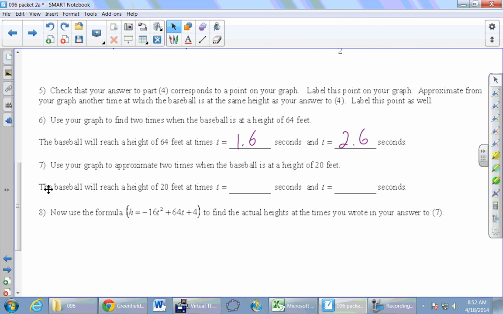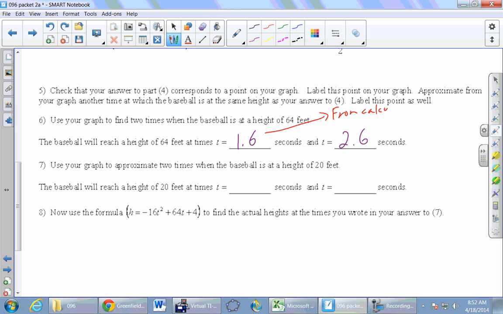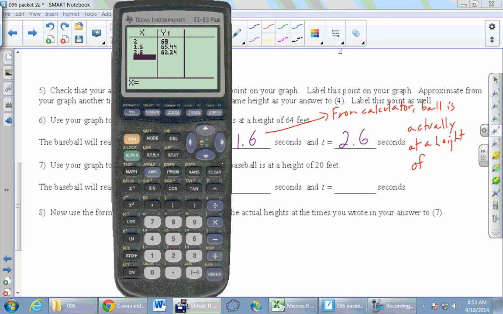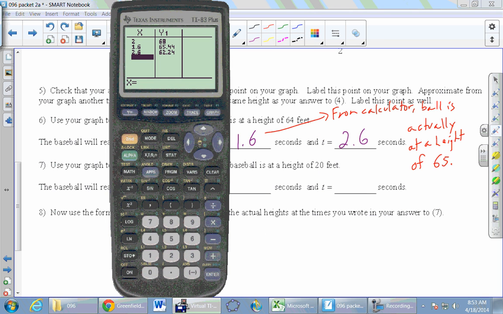I'll write down some answers over here from the calculator. The ball is actually at a height of 65.44. It's not bad. We were hoping to get close to 64, and we did, but it's not perfect.